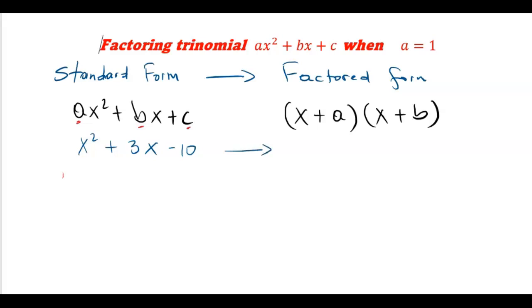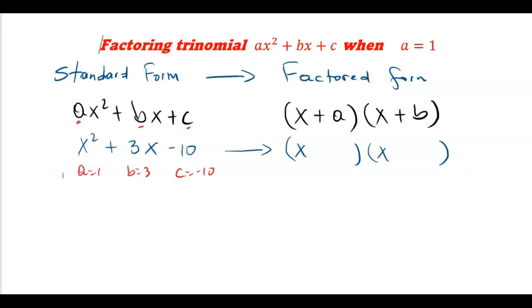We already know we're going to have x, then close, then another x, then close. So the values of a and b, we need to figure out what we're going to put there. To begin, we need to identify our a, b, c. In this case, a equals 1, b equals 3, and c equals negative 10.